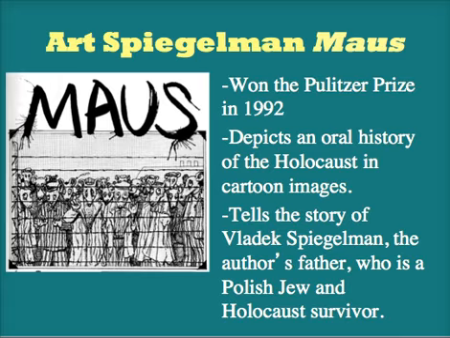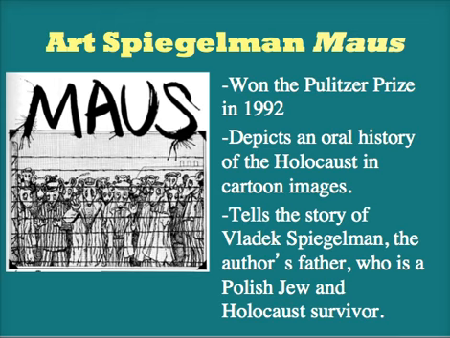So we get a layered narrative telling a true story, his father's memories of what it was like to live at this time during World War II as a Jewish man in Poland, and the experiences that he had in this very volatile environment that eventually brought him to a concentration camp where he was a prisoner along with his wife Anya, Art's mother.